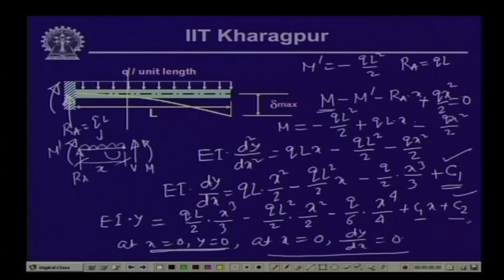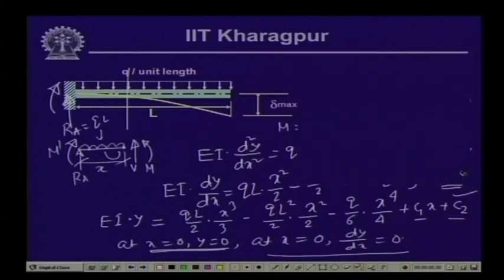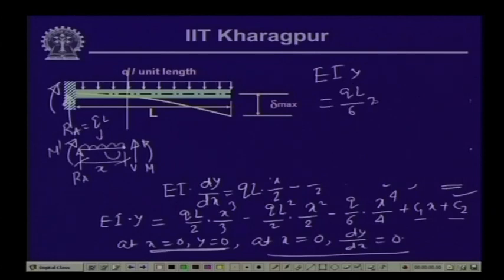So both C1 and C2 are 0, and hence the expression for the deflection curve y is written in this form: EI y equals qL/6 x³ minus qL²/4 x² minus q/24 x⁴.